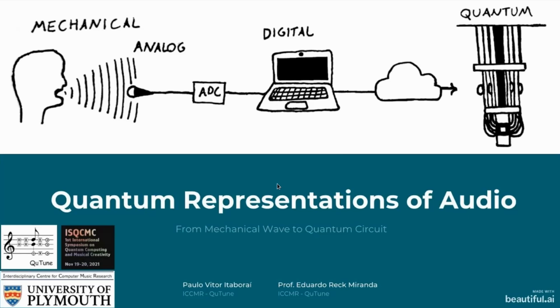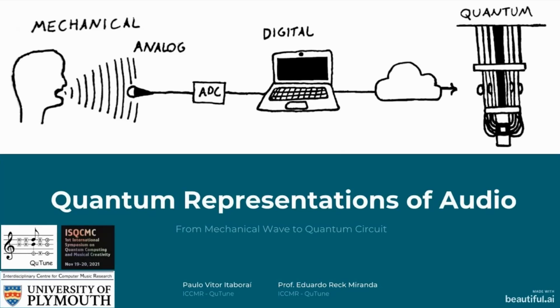quantum computers. So we have this very nice image at the beginning, showing the current status of audio frameworks. We have our mechanical audio wave being played by some type of instrument, and then you transform this with some transducer into analog signals, which are really oscillating voltages.